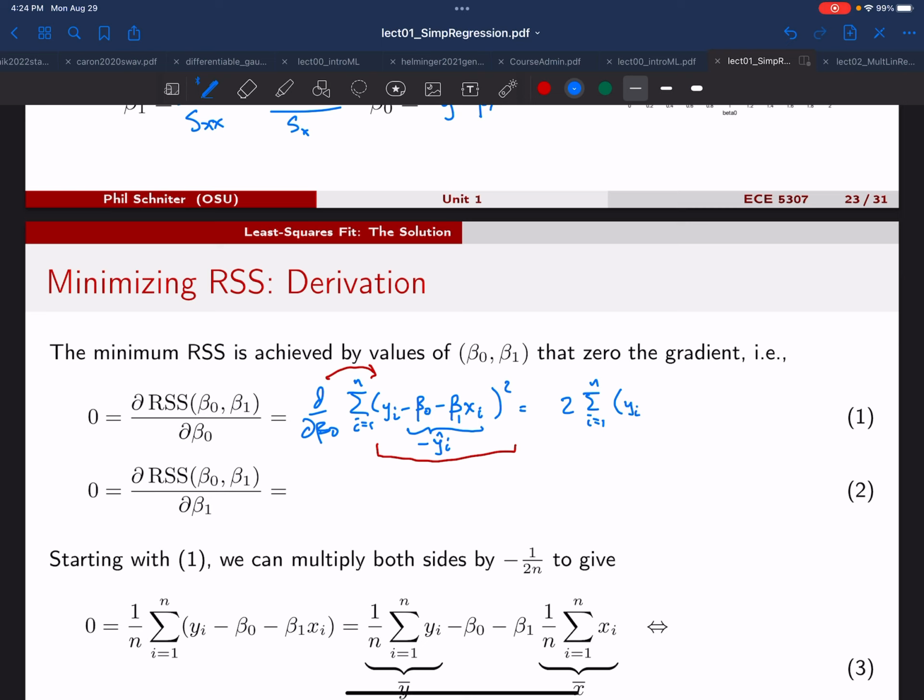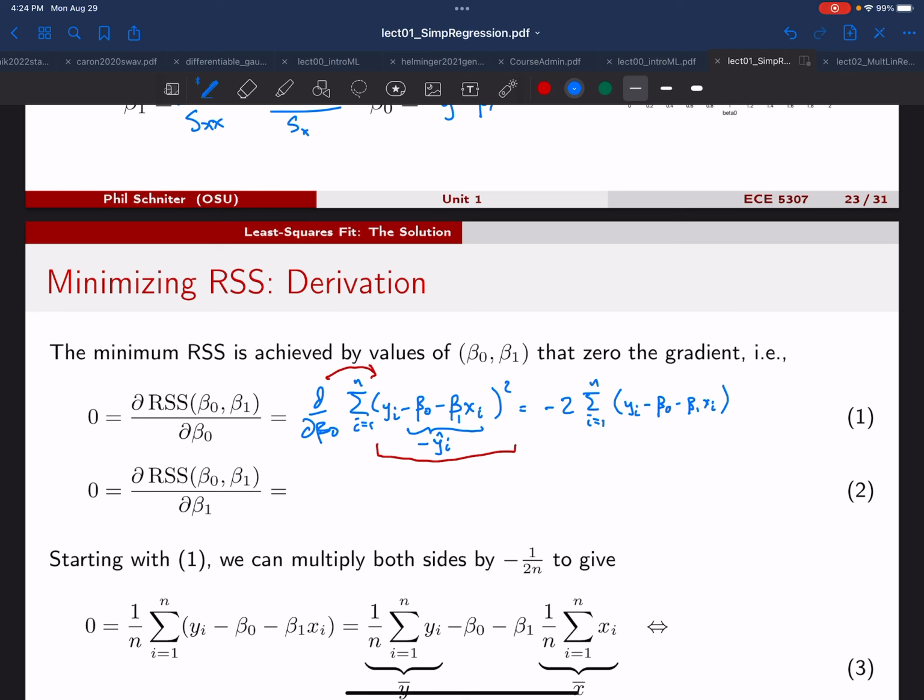This is how the chain rule works. 2 times that quantity. And then we take the derivative of the quantity. So we take the derivative of this whole thing with respect to beta 1. Sorry, we're doing beta 0 right now. With respect to beta 0, and what do we get? Minus 1. So that's going to give us a minus out here.